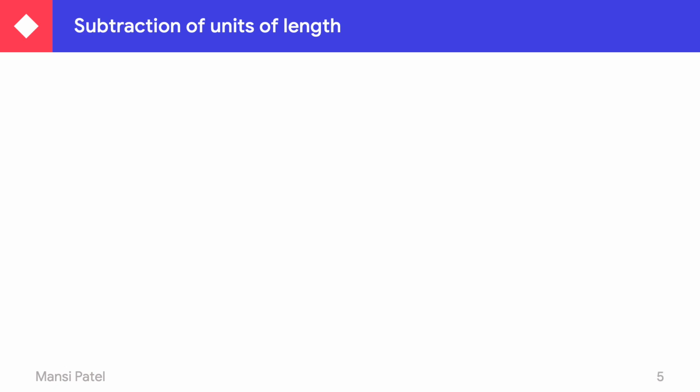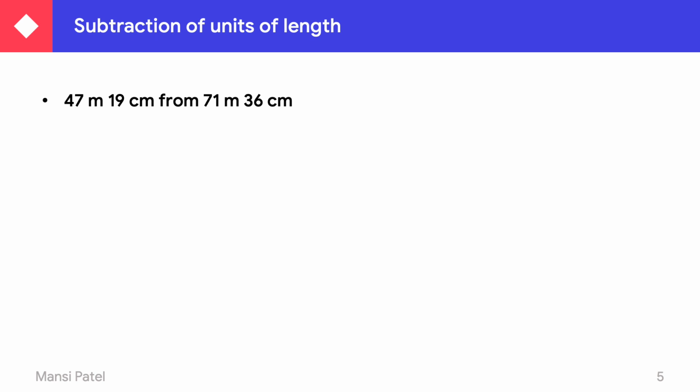Now let us see how we can subtract the units of length. 47 meter 19 centimeter from 71 meter and 36 centimeter. In subtraction, you have to remember one thing. The number which is written after "from", you have to write down first, and then after that you write down the lower number.